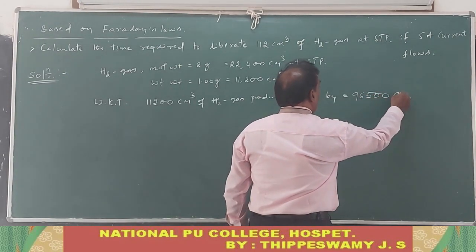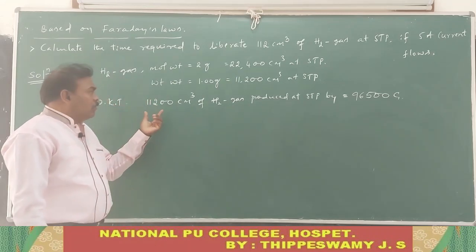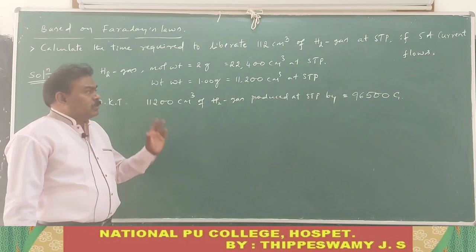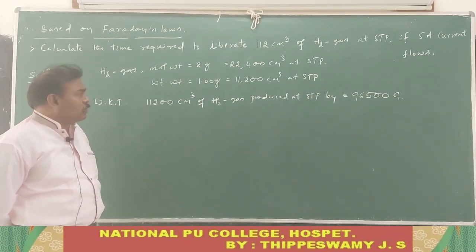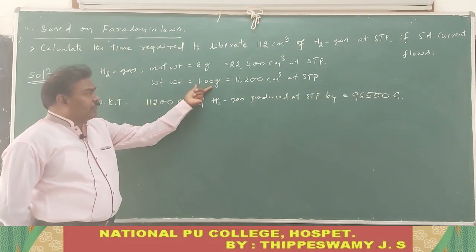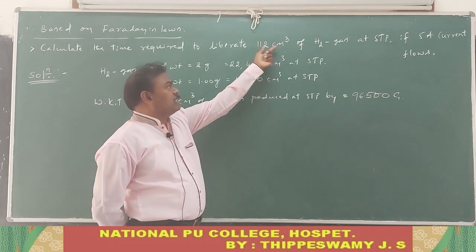For every one equivalent weight of a substance produced, 96,500 coulombs are passed. So we can write that the volume occupied by one equivalent weight of hydrogen is 11,200 cm cube.